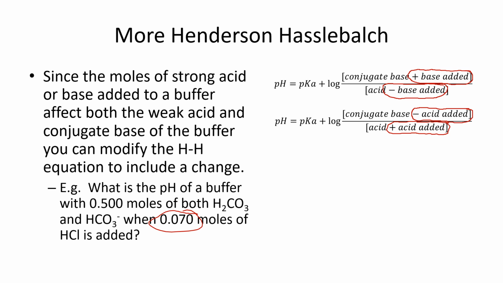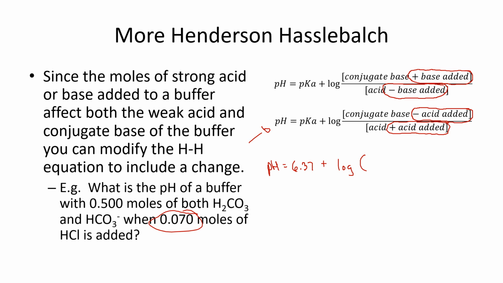So let's put the values into this guy here. So pH equals the pKa. It's the same acid, so the pKa from last time was 6.37, and we're going to add the log, and then we'll just put moles for everything. So we have a buffer with this many moles. Oh, of both, okay.